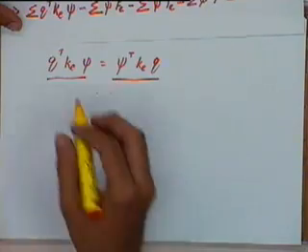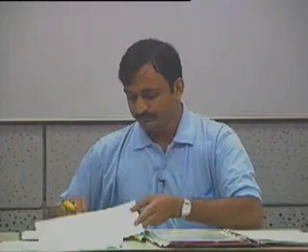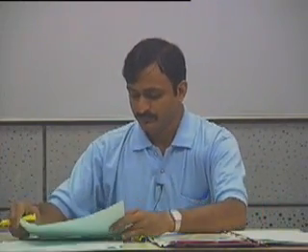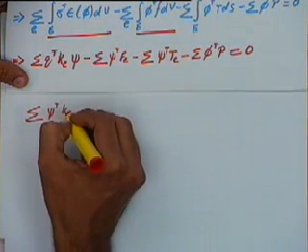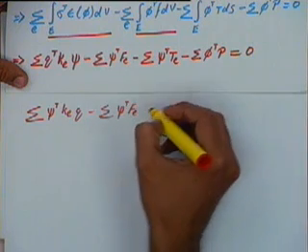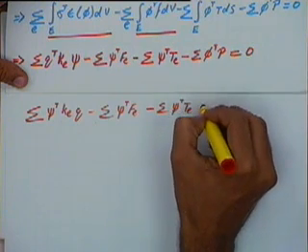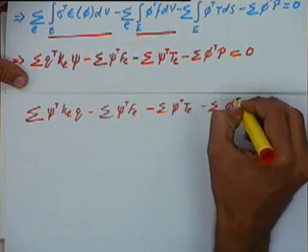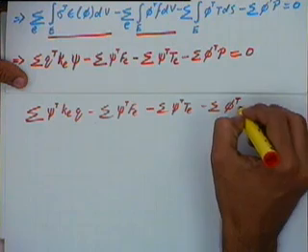I will use this expression from now onwards. This will now become the summation of psi transpose Ke times Q, minus the summation of psi transpose Fe, minus the summation of psi transpose Te, minus the summation of phi transpose times P.